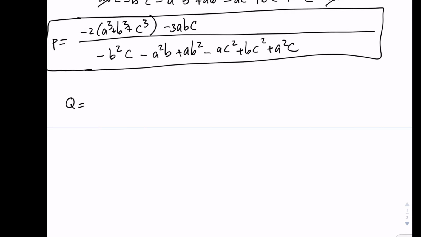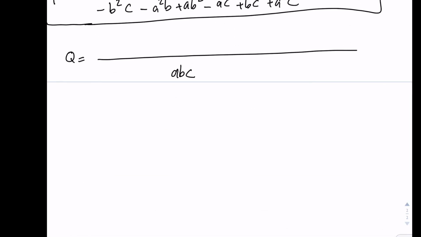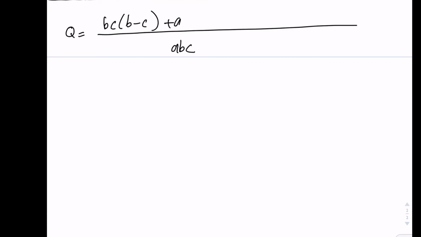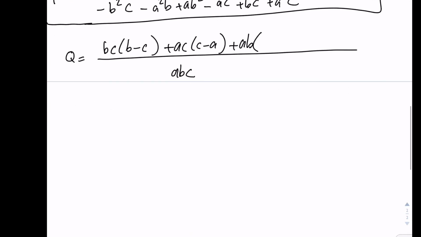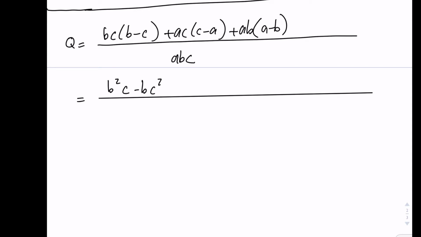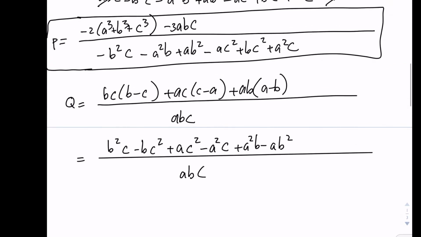We can rewrite Q by finding the least common denominator, which is ABC, and the numerator will be B times C times B minus C plus A times C minus A plus A times B times A minus B. Expanding the numerator of Q, we will get B squared C minus BC squared plus AC squared minus A squared C plus A squared B minus AB squared, and the denominator is ABC.